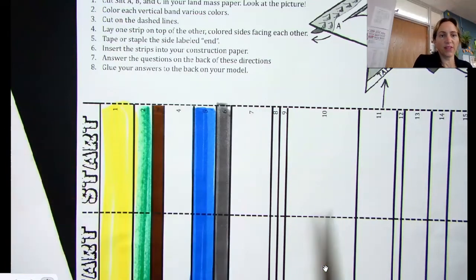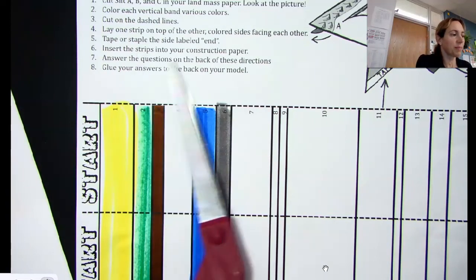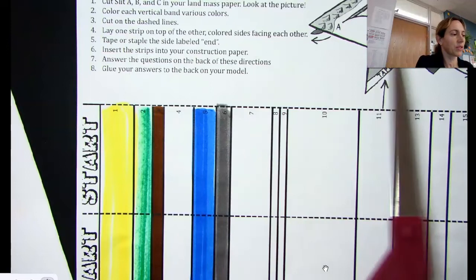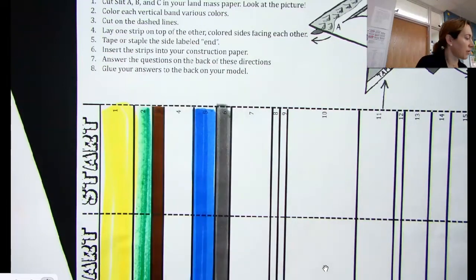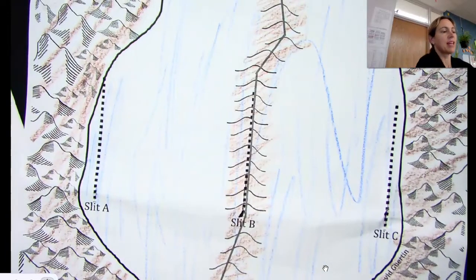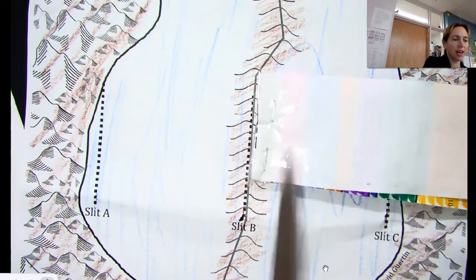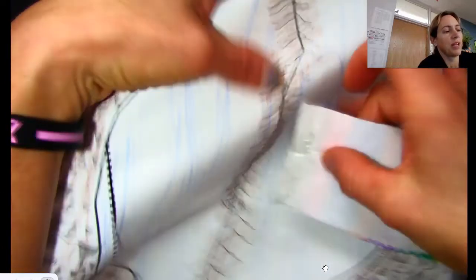It says insert the strips into your construction paper. Well, we didn't use construction paper. This is our landmass paper right here. And let me show you how we're going to do that. It's not that hard. We got this. So here's my landmass paper that they're calling construction paper. I'm going to take my taped end, colored sides facing each other, and I'm going to put it in slot B like this.